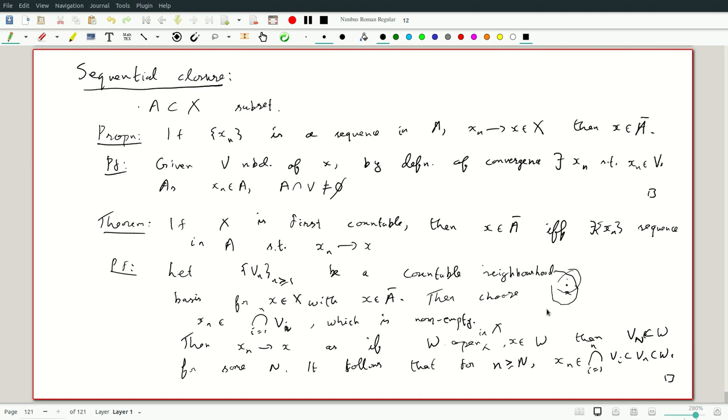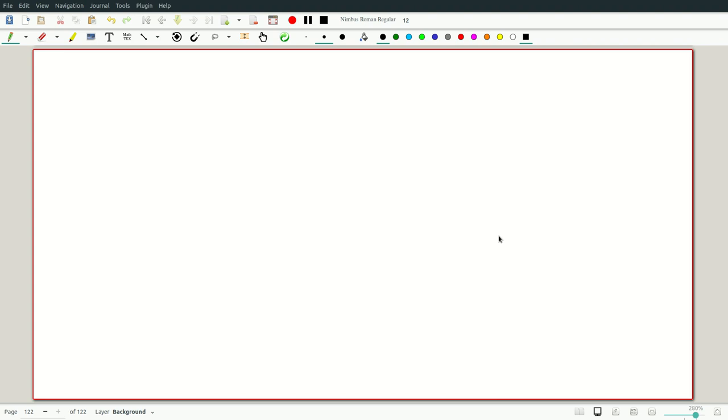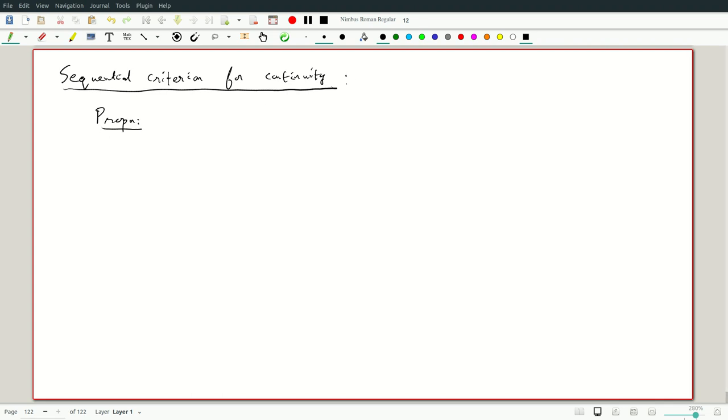Okay, so just as we deal with convergence, we can similarly deal with continuity. This is similar to analysis, but it's worth seeing again. It's quite nice. So it's very useful to talk about the sequential criterion for continuity. As usual, there will be two sides to it, and one of them is always true, namely sequential continuity. Let me just state it. Everything as before, so X is a topological space, not yet assumed to be first countable.